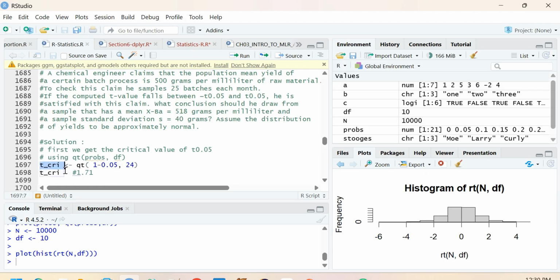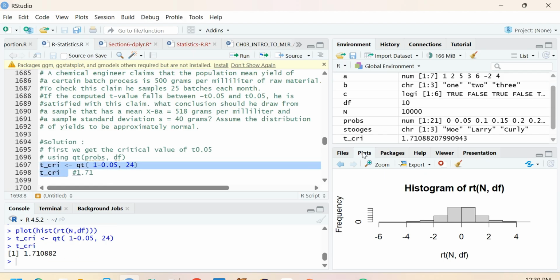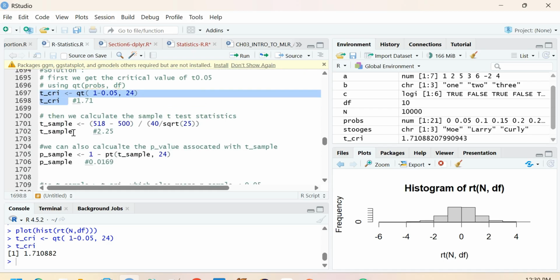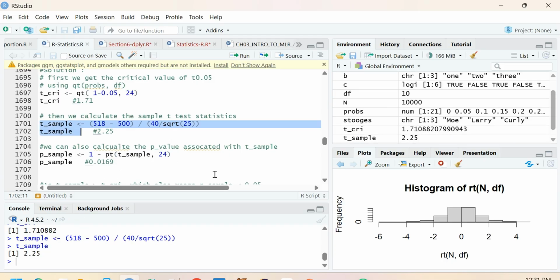So we can get the t critical value. Here is 1.71. Then we calculate the sample statistic, which equals 518 minus 500, then divided by the standard error of the sample, s divided by the square root of sample size. So this value is 2.25.